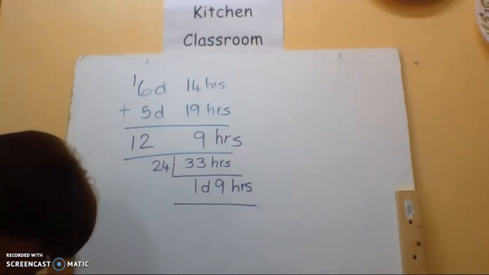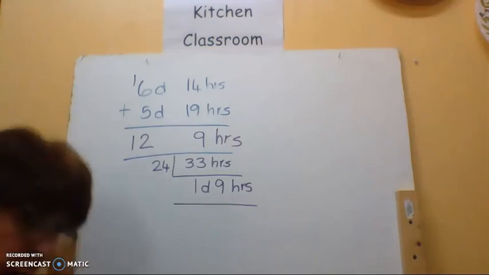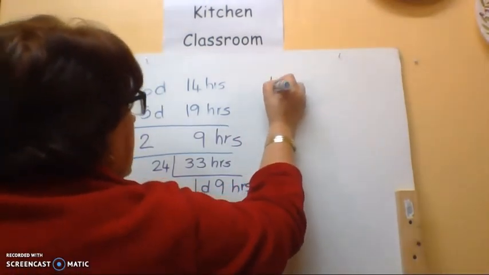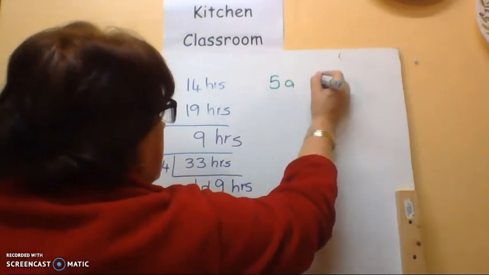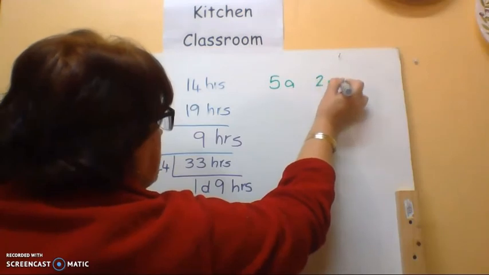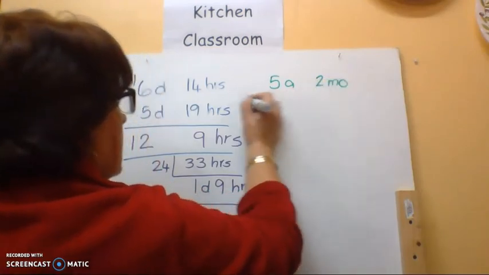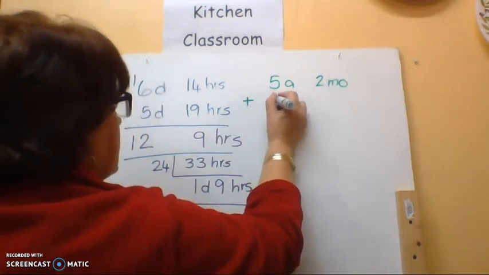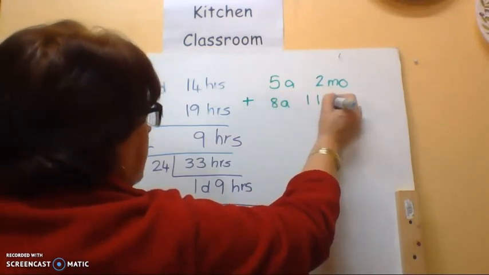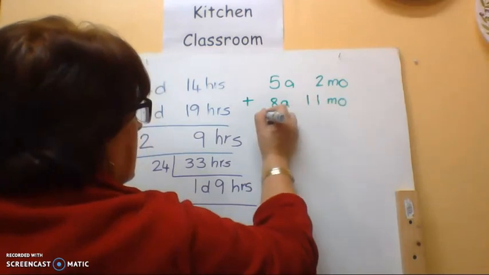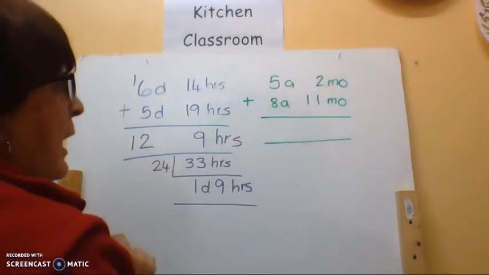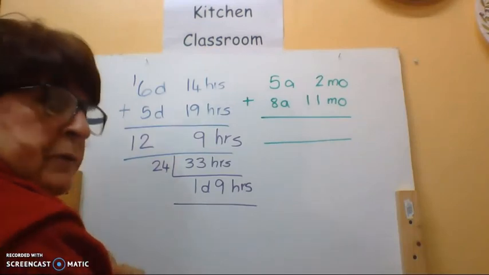Alright. I'm going to do another one here, and I'm going to say 5 years and 2 months plus 8 years and 11 months. Okay. So I have to add at the lower unit of time.